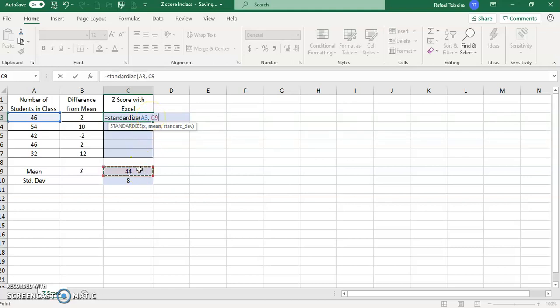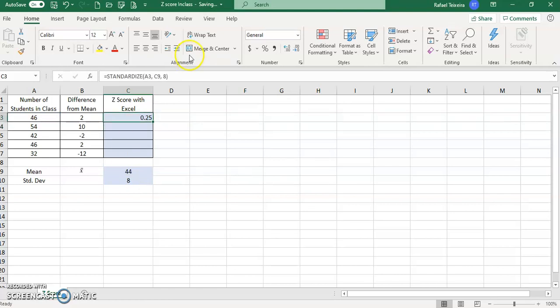So you have to select the mean or type the mean. You can type the mean, and then I type comma to tell Excel that's the mean. And now I have to type or select the standard deviation. I can select here, or I can type. Let me type to show you how you can do it. You can type 8 instead of selecting the cell. Okay, so this is a z-score of 0.25.